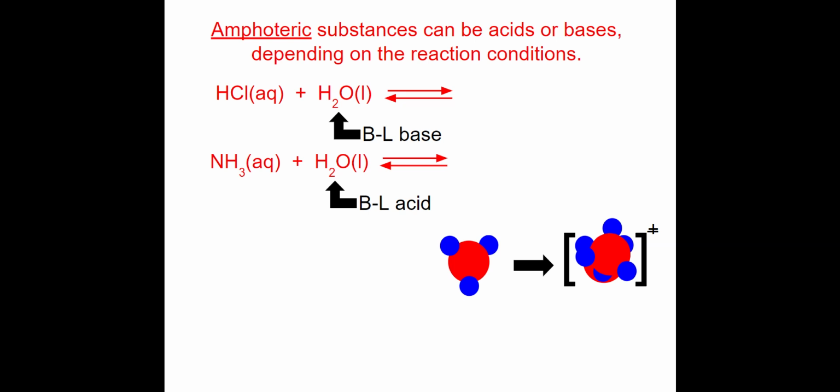So we have substances that are amphoteric. Amphoteric means that it can act like an acid or a base, depending upon what the reaction is. In the first equation, water is acting like a Brønsted-Lowry base, so it's going to accept the hydrogen. Whereas in the second example, the H2O is acting like an acid, so it's going to donate the hydrogen.